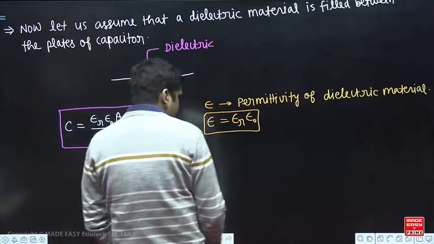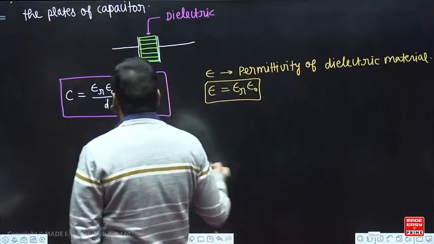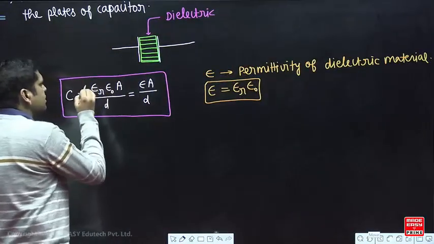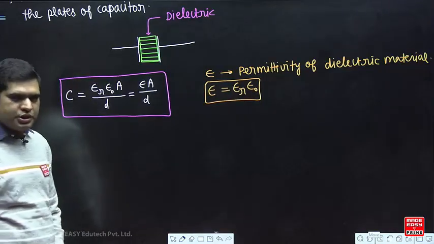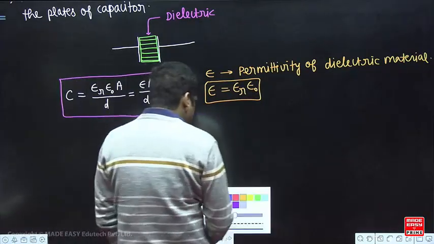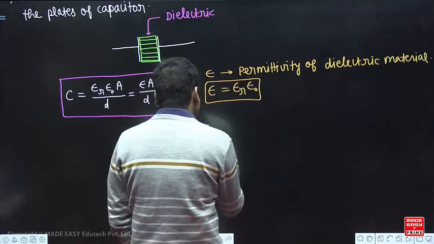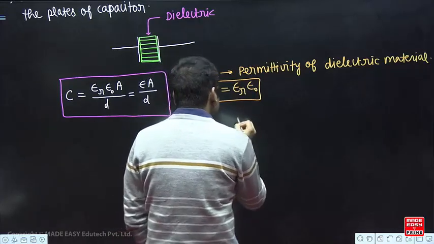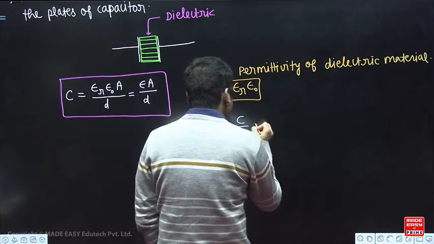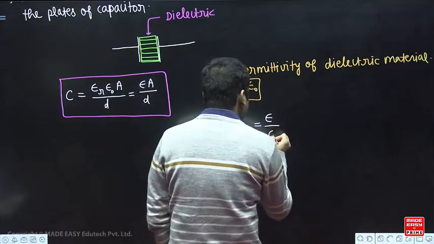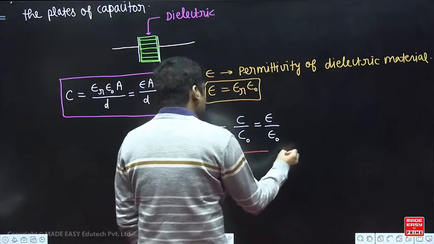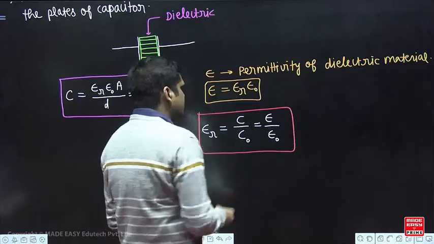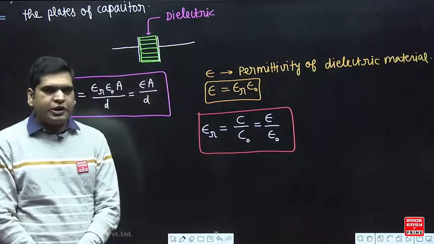Here you see, my dear friend, we are interested in epsilon R because this is the amount by which the capacity to store charge is increasing. So epsilon R is C by C naught, or epsilon by epsilon naught. This epsilon R is telling us the relative ability of the capacitor to store charge with respect to vacuum.